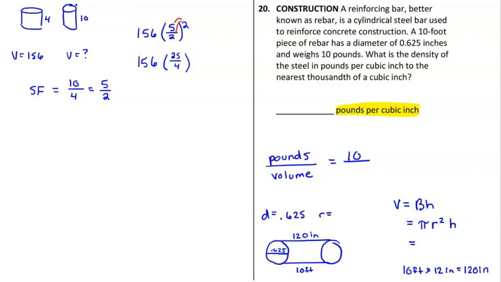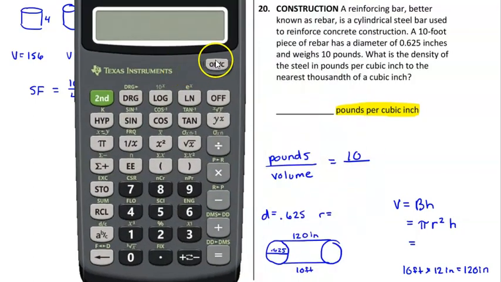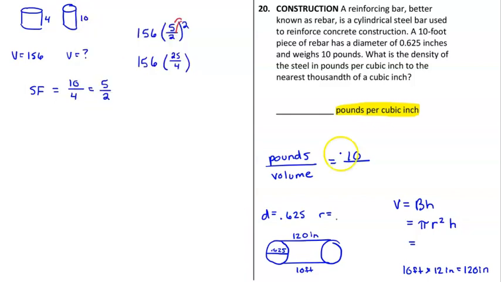That means our radius is going to be 0.625 divided by 2, and that gives us 0.3125. So we've got pi times 0.3125 squared, and then times our height, which is now 120 inches. So be careful, it's not 10, it's 120.